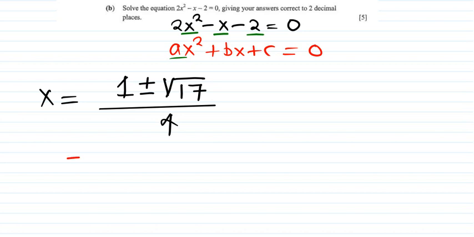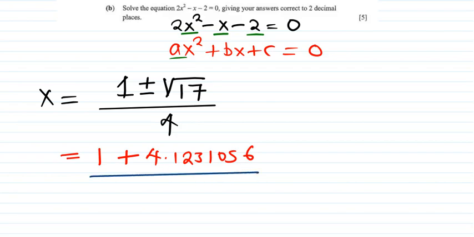Plus or minus implies there are 2 equations, so we'll separate them. One will get the positive. So 4.1231056. You can get as many digits as you can. Okay, and then this is to be divided by 4.